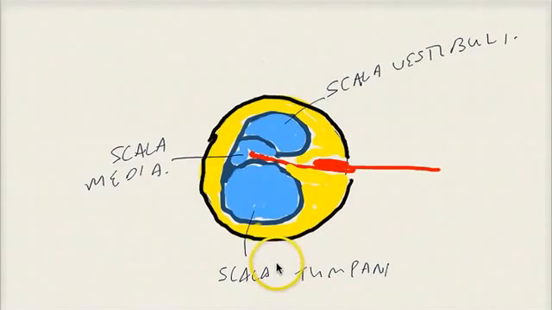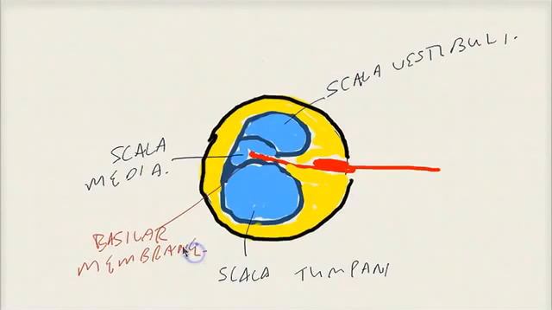Okay, now the scala media is separated from the scala tympani down here by a structure known as the basilar membrane. Now, the scala media and the scala vestibuli, these are separated by a structure known as Reisner's membrane.